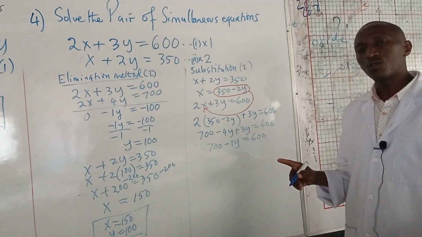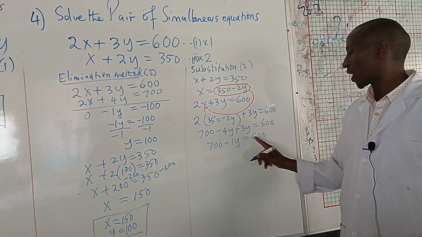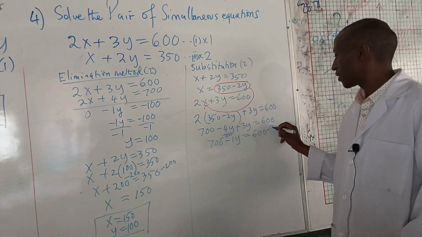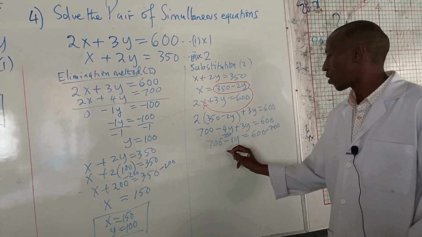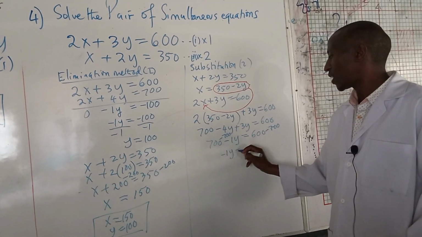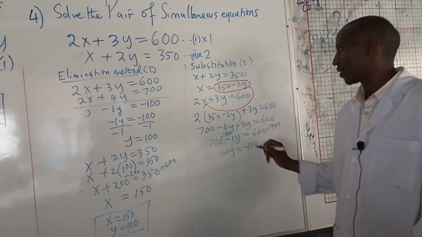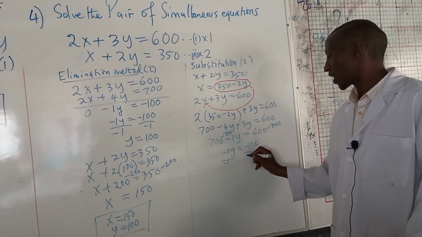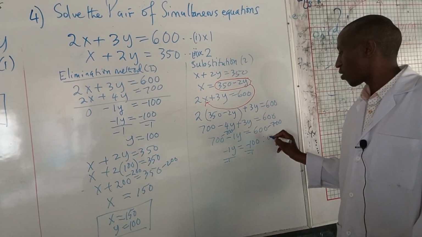We put like terms once more together, whereby we can subtract 700 from both sides. We are left with negative 1y is equal to negative 100. And that way, we divide both sides by negative 1.